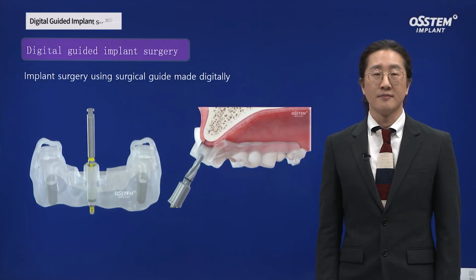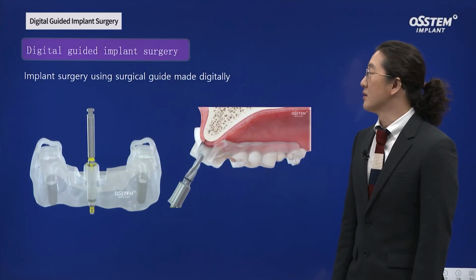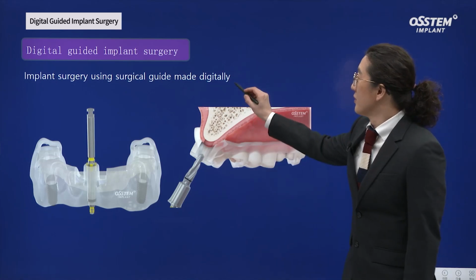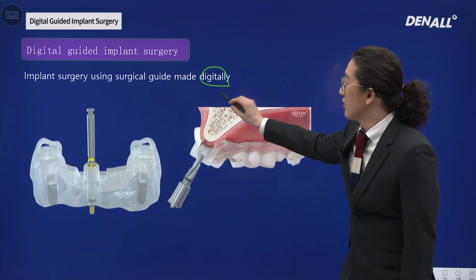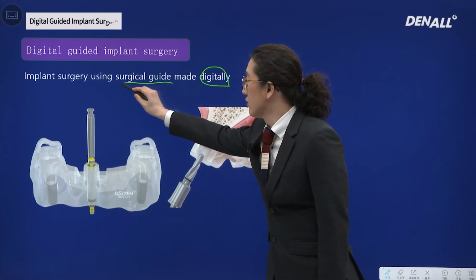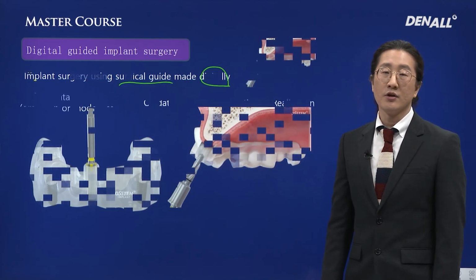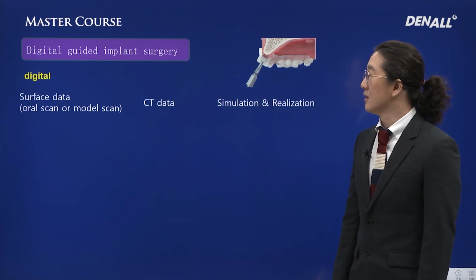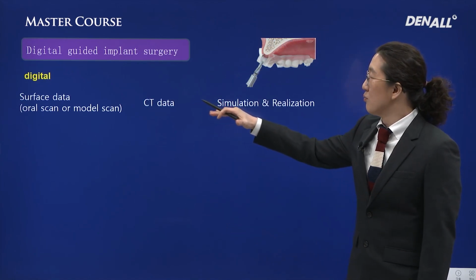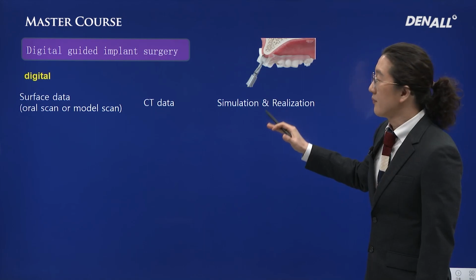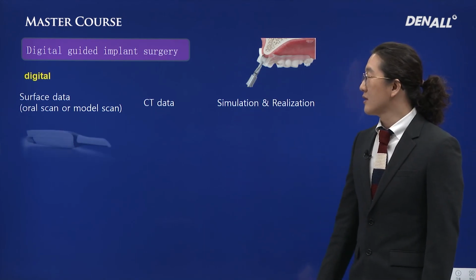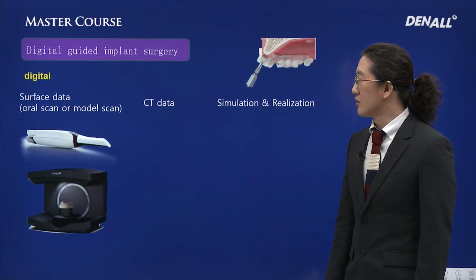Today I'm going to talk about digital guided implant surgery. Digital guided implant surgery is doing implant surgery using a surgical guide that has been fabricated using digital dentistry. By digital, it refers to the entire process before executing surgery.